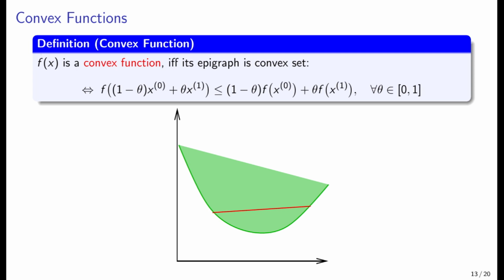So in other words, my function lies below the secant. You can think of the red as a secant, and the function is convex if for any secant, your function always lies below the secant. That's what this definition says there.